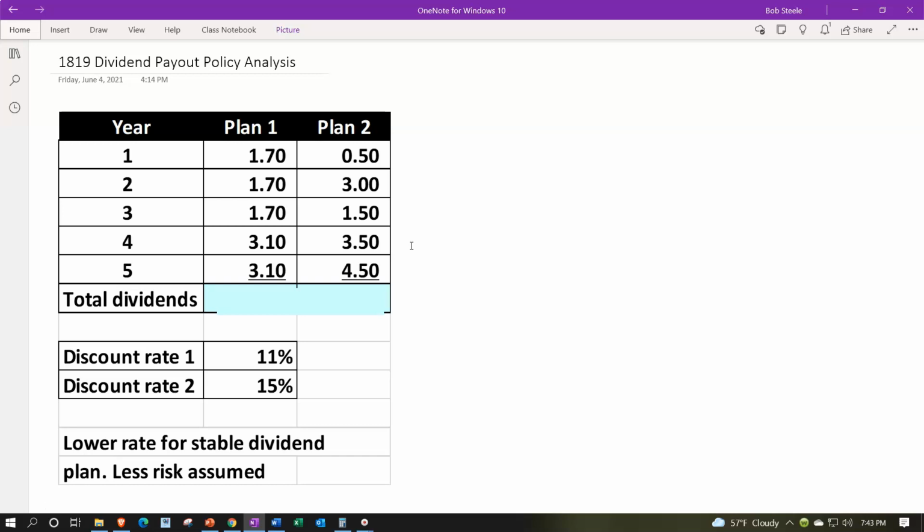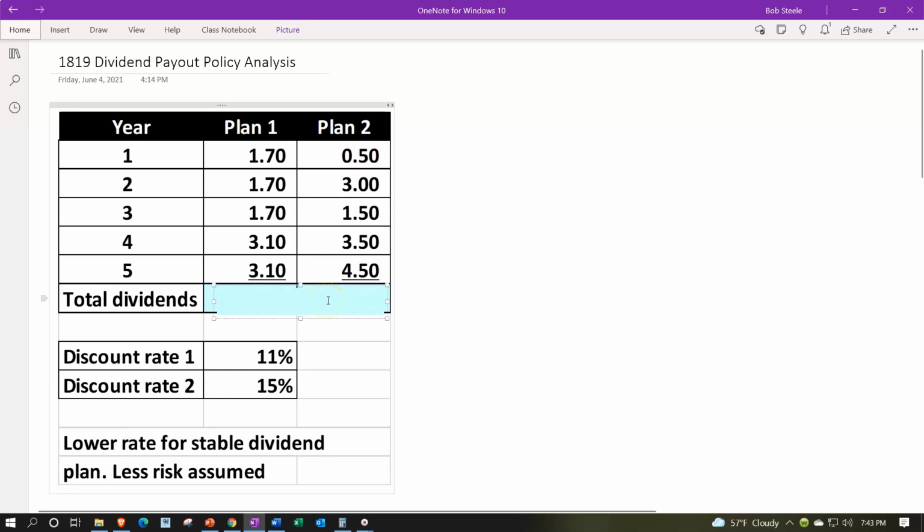Therefore, when we do the present value calculation, we're going to estimate that Plan 2 might have a higher discount rate than Plan 1. So we're going to think about the present value of the dividend stream and apply a higher rate to Plan 2 due to the volatility of the dividends, as opposed to Plan 1, which is going to be more stable.